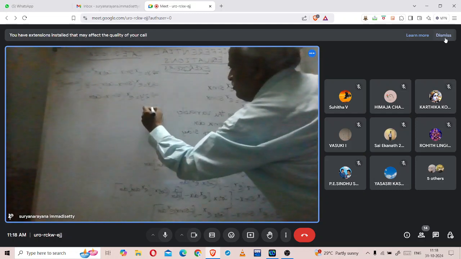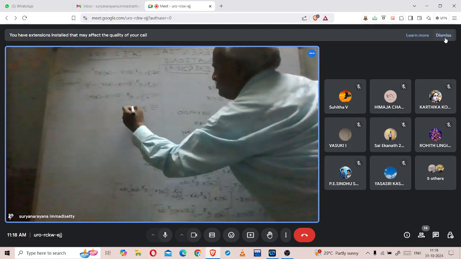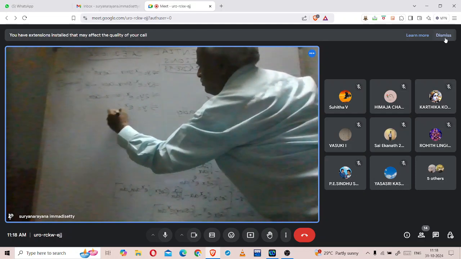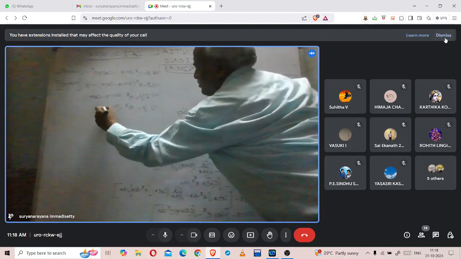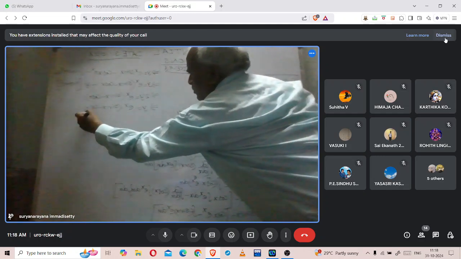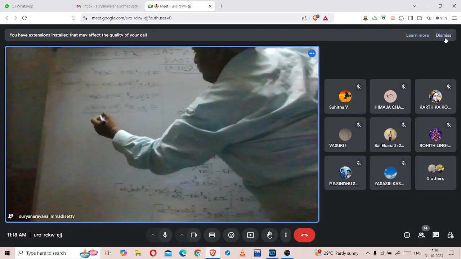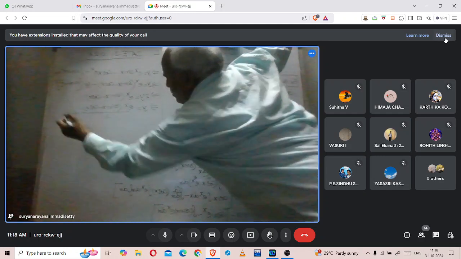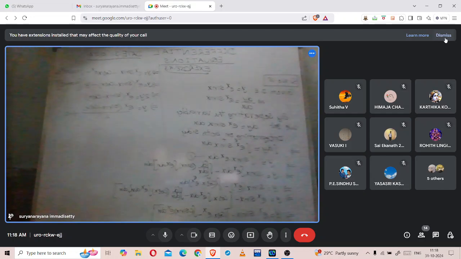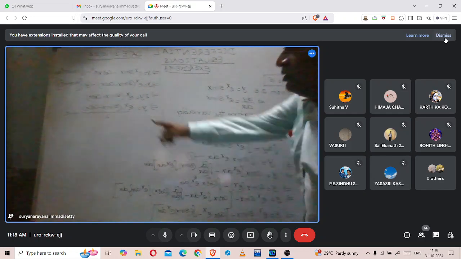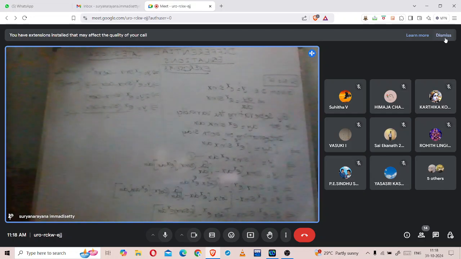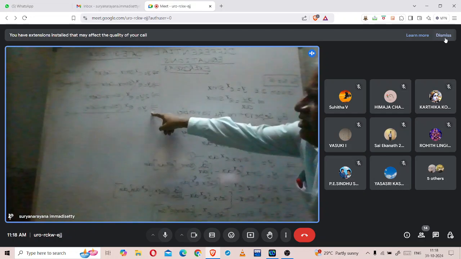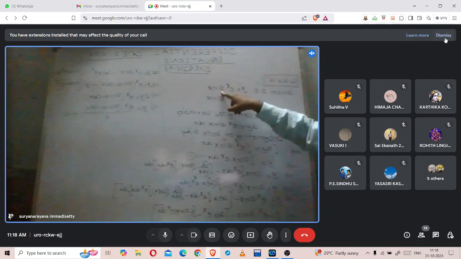This implies y is equal to e power x into sin x minus cos x whole divided by 2 plus c. This is the general solution of this differential equation.